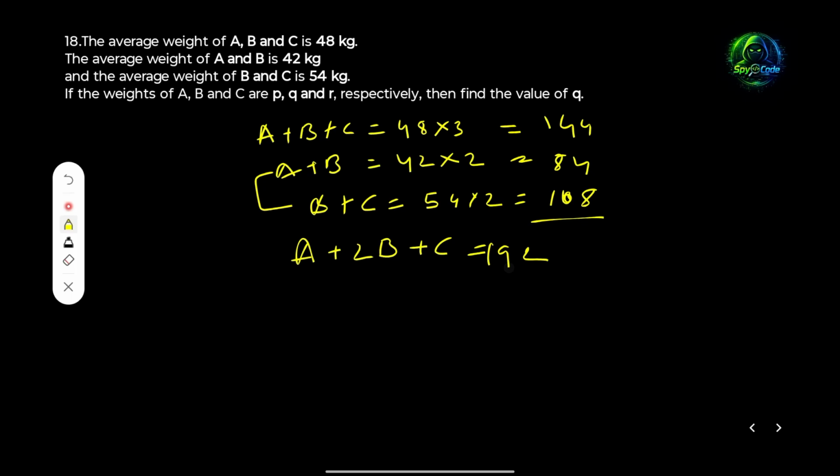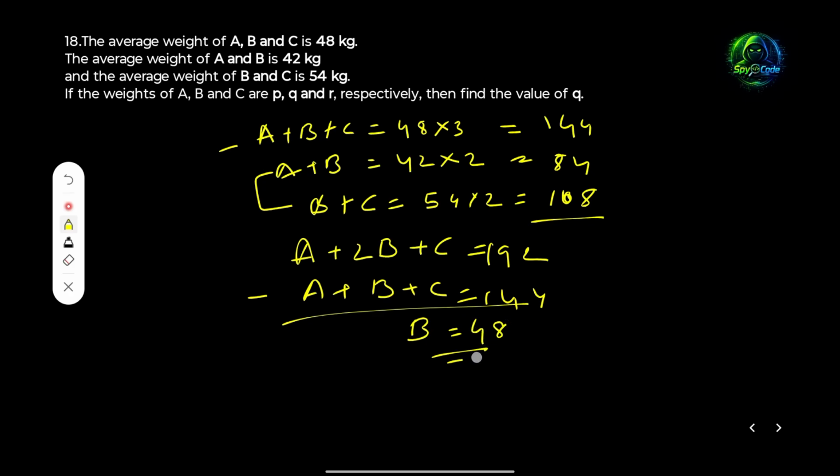Okay, so we'll subtract A plus B plus C from this. When we subtract, we get the B value. B is 48. B is equal to Q. Q is equal to 48. This is the answer.